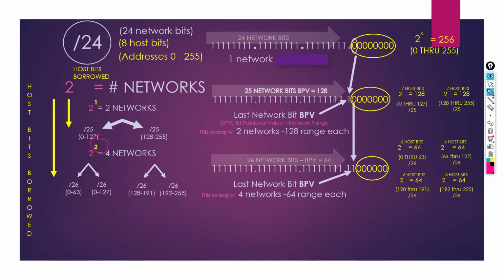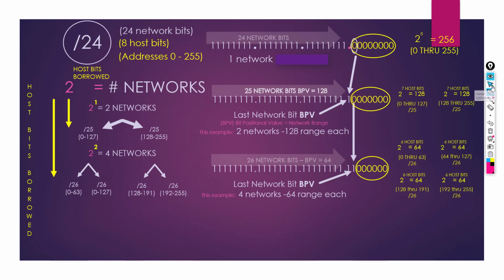Had we stolen one more bit, you'll notice that when we borrow 2 bits, 2 to the power of 2 is 4, there's the 4 networks, and you'll notice they still start and end at exactly the same place that our original network started and ended.